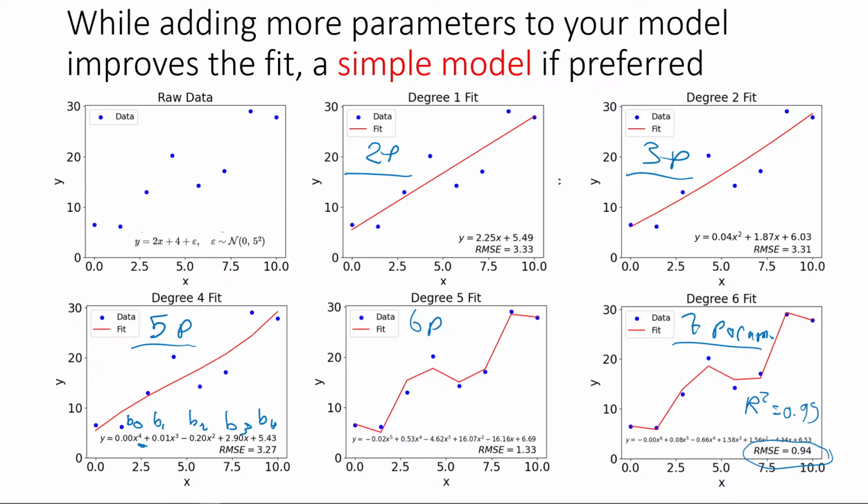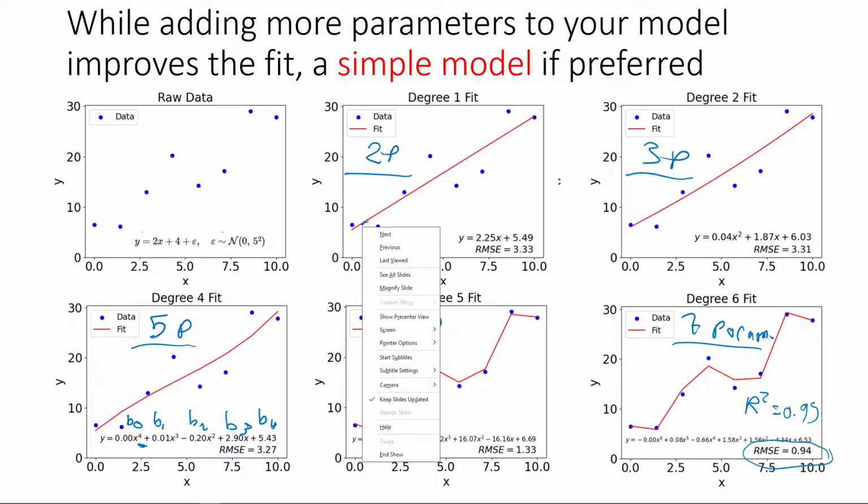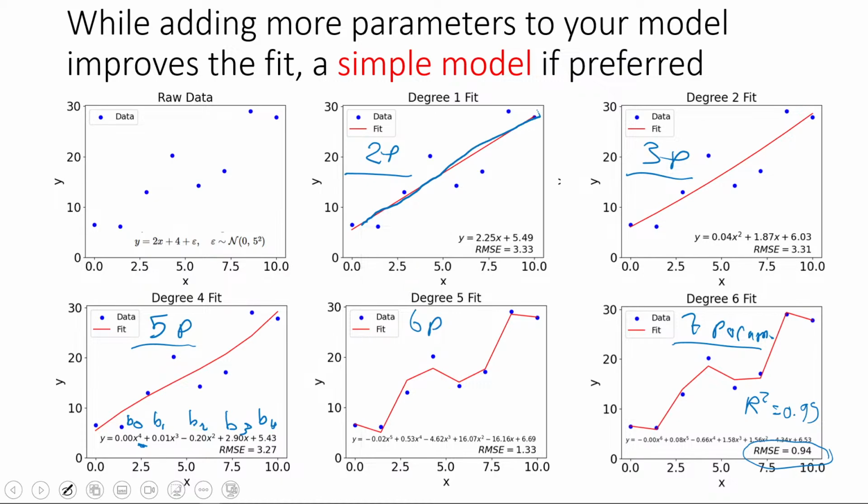Here, I am fitting the true underlying linear relationship, and you get this from experience: if you know that your data has a kind of linear relationship, then fit a linear model to it. Here I am fitting the true underlying linear relationship, while here I'm just fitting random fluctuation and noise.